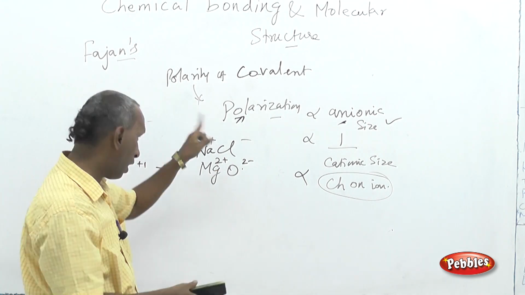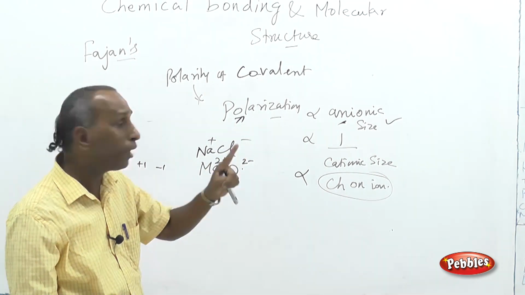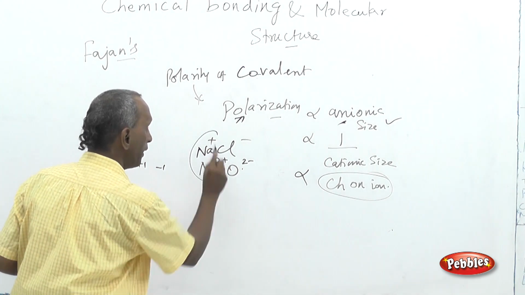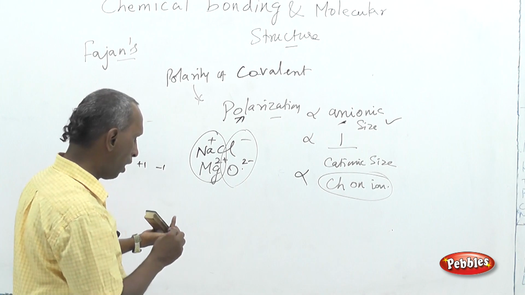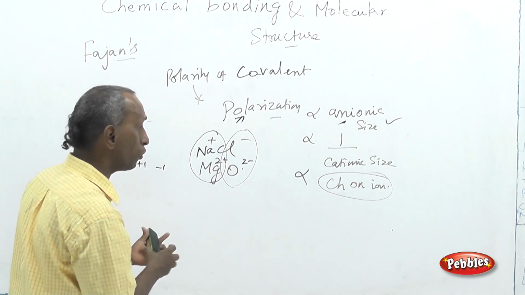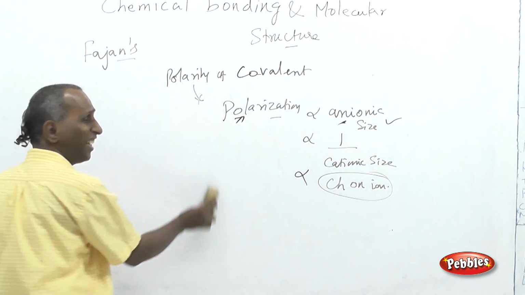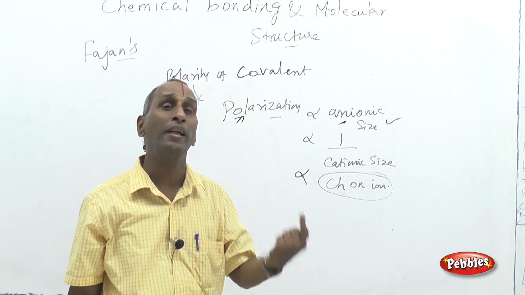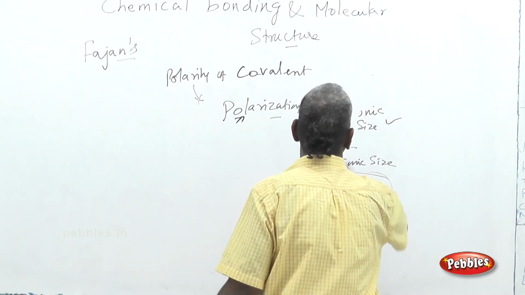The charge on the ions, sodium ion, magnesium ion, oxygen ion, chloride ion, is higher: magnesium loses 2 electrons, and oxygen gains 2 electrons. So a greater charge on the ion means greater polarization, and greater polarization means greater covalent character. This is the comparison of covalent and ionic character.